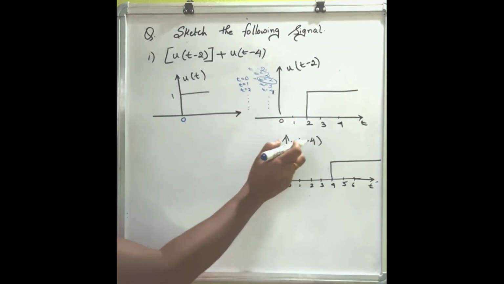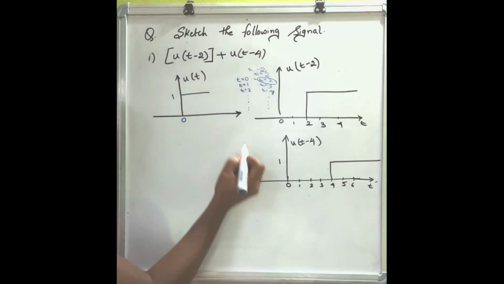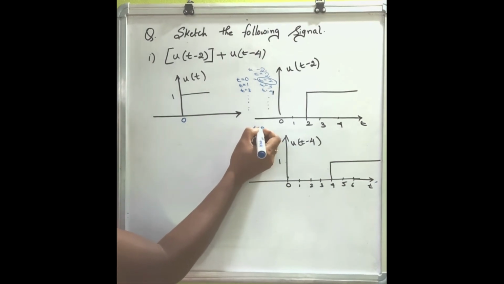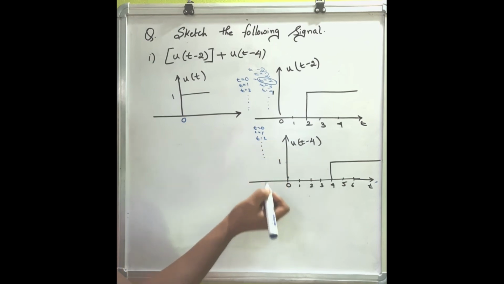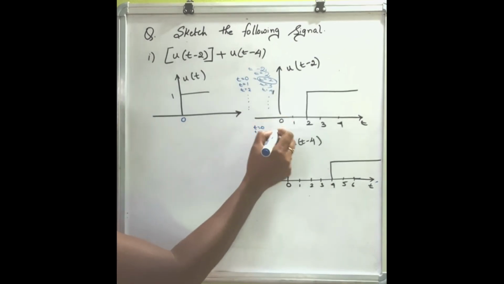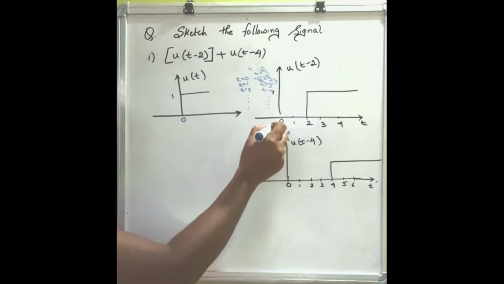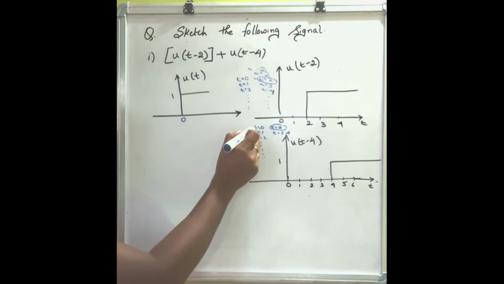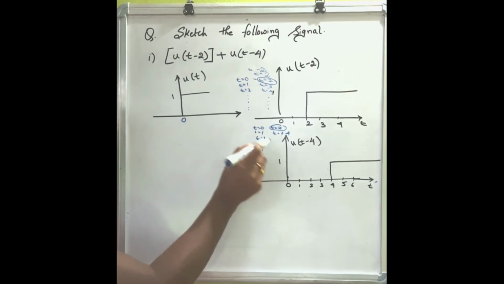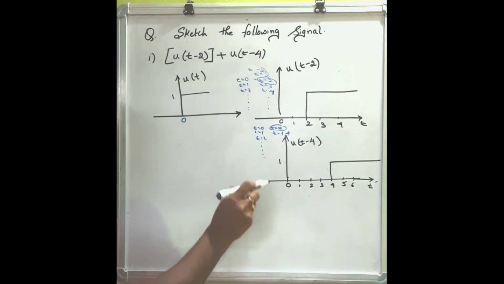Similarly, for u of t minus 4, again t is equal to 0, 1, 2, it goes on. Here you have to find out for t minus 4 equal to 0, that is t is equal to 4. So add 4 to everything: t is equal to 4, 5, 6, 7, 8, 9, it goes on.